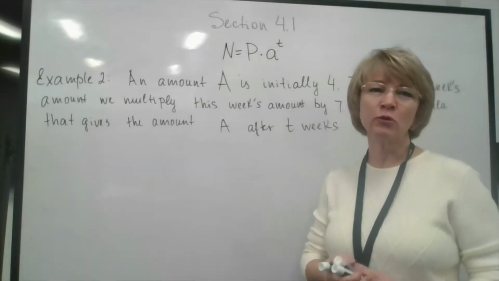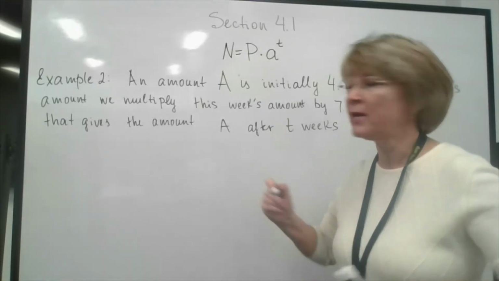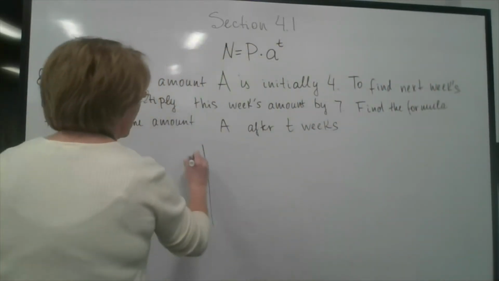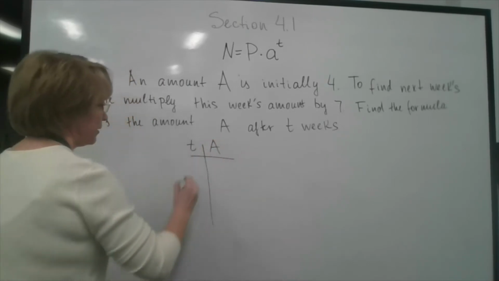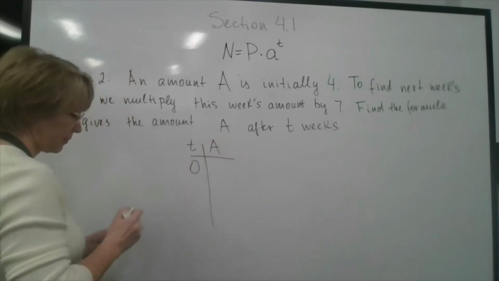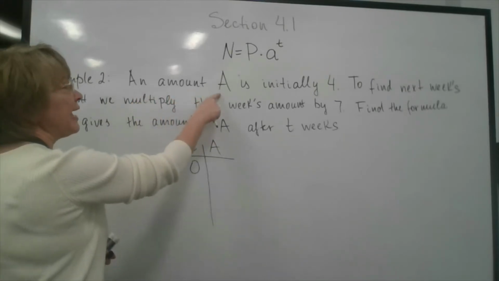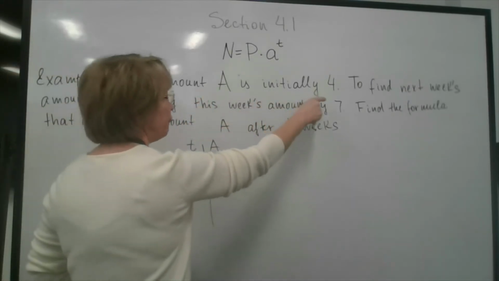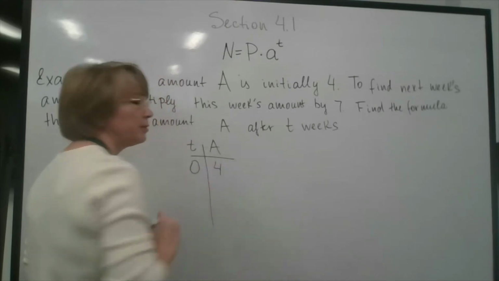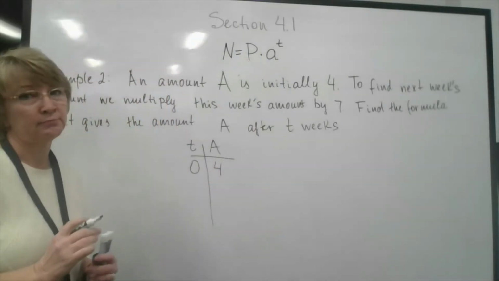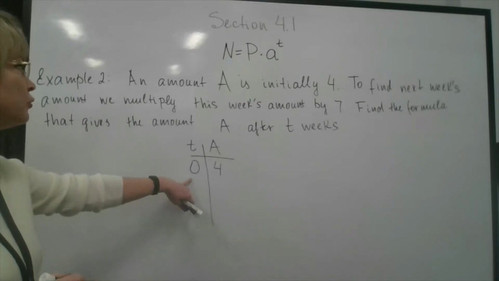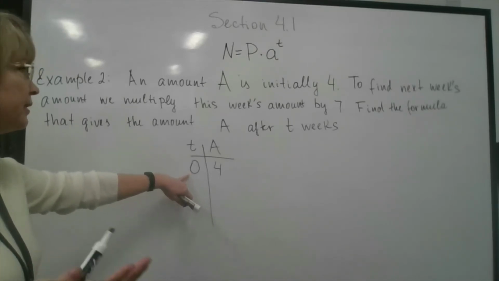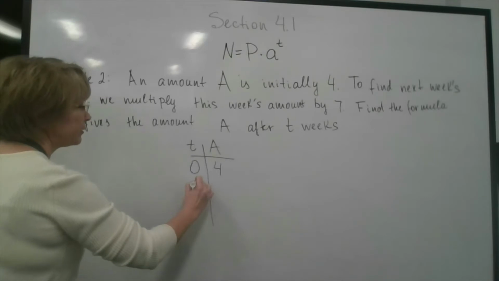Guys, you know that I like tables. Let's review the table. Here will be my T, here is my A. When T is 0, the amount A is initially 4. So it will be 4 here, see? And this is the beginning week, then after 1 week.